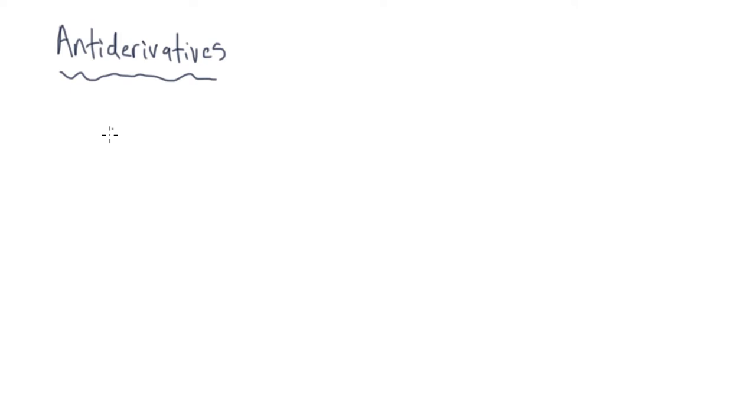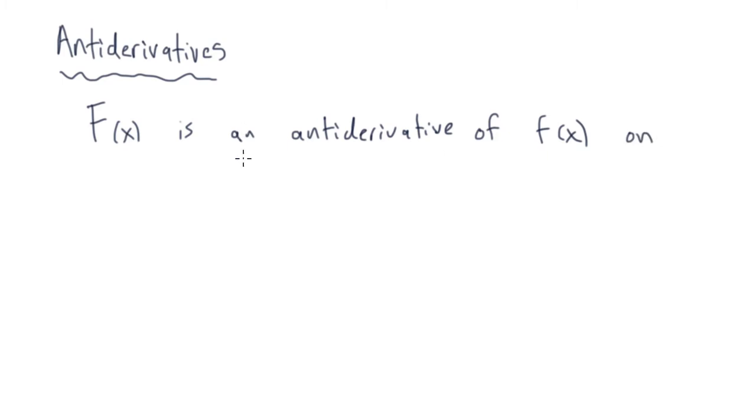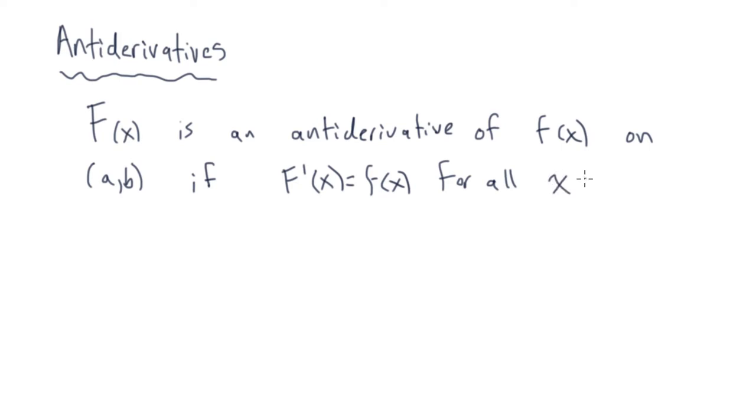So to be a little bit more precise, recall that we say capital F of x is an antiderivative of a function little f of x on some open interval (a, b), if F prime of x equals f of x for all x in (a, b).